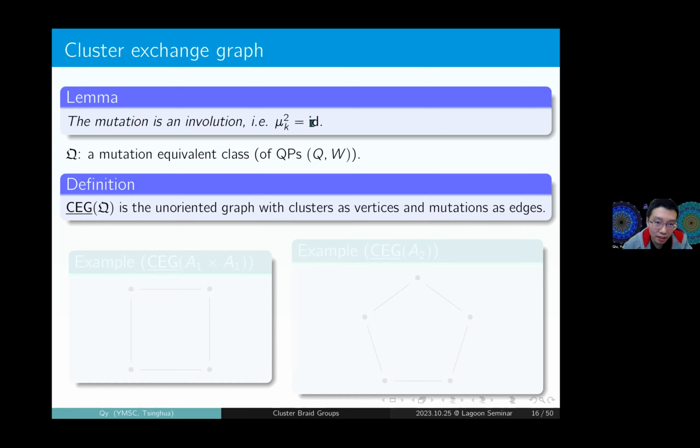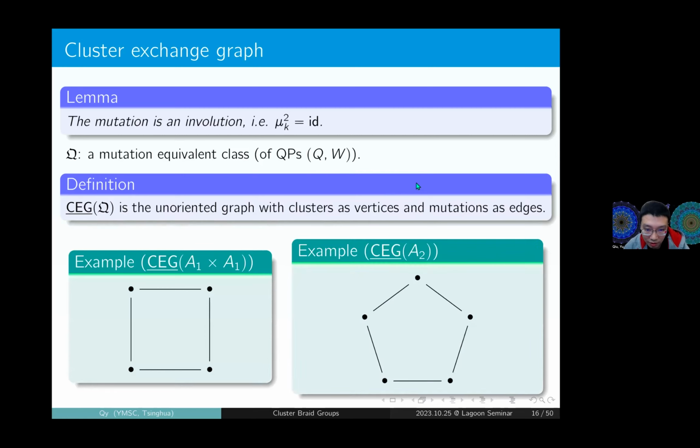And the first thing is mutation is an involution, and we only need this combinatorial gadget from cluster theory, the cluster exchange graph whose vertices are clusters and edges are mutations. Because later we have other interpretations of this, so I skip many details of how you really mutate the cluster algebras, but just give you some ideas of what's going on.